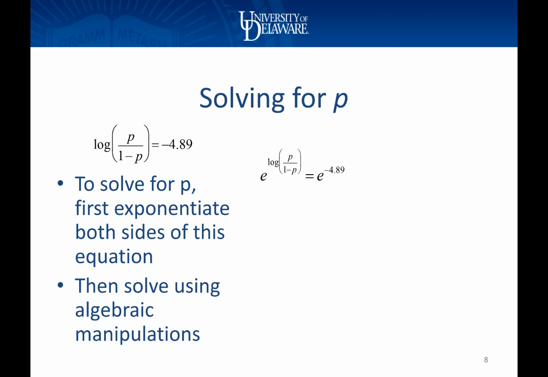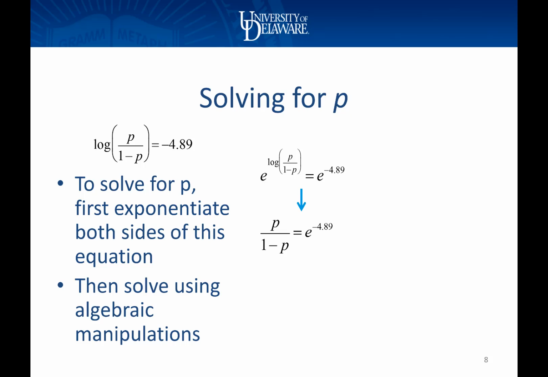So let's see how it would work. The first step would be to exponentiate both sides, and we would have e to the log odds ratio equals e to the negative 4.89. The next step would be to write it in a simpler way. The e and the log function cancel one another out, so we have something much simpler now. P over 1 minus p equals e to the negative 4.89.